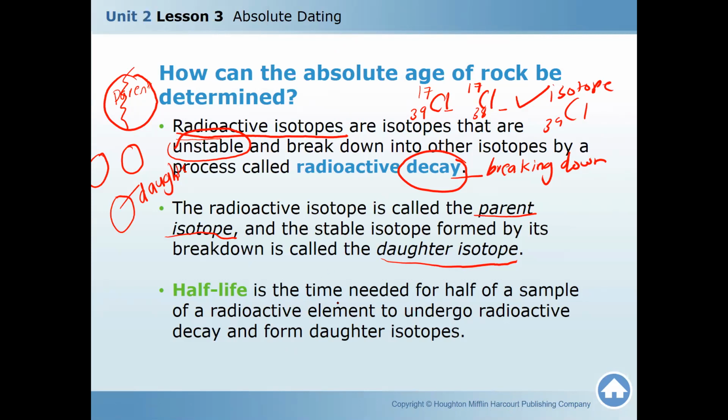Half-life is the time needed for half of a sample of a radioactive element to undergo radioactive decay and form daughter isotopes.